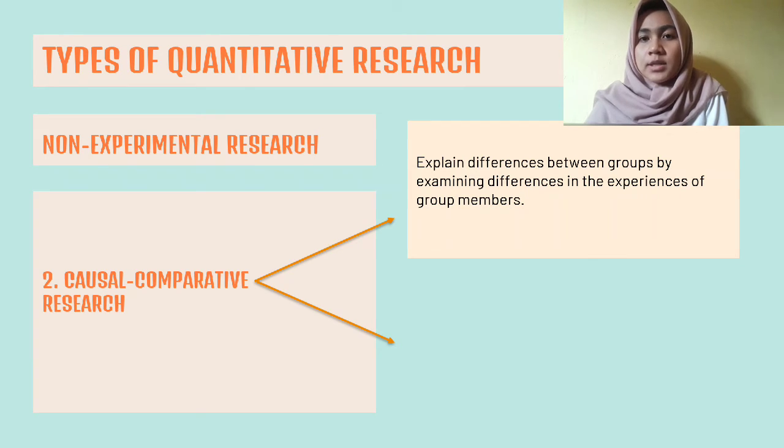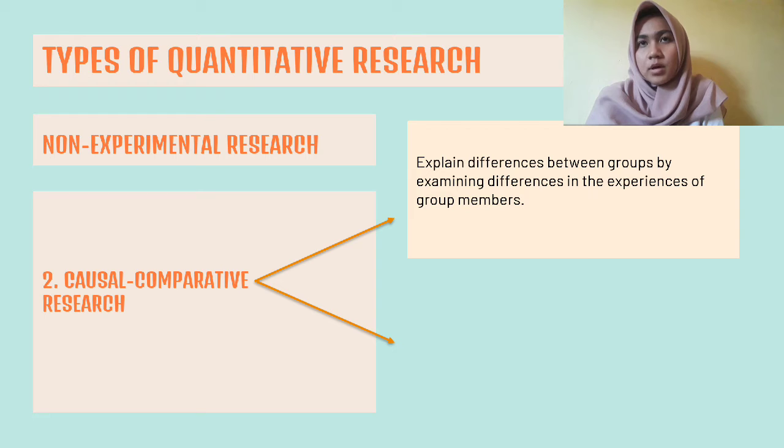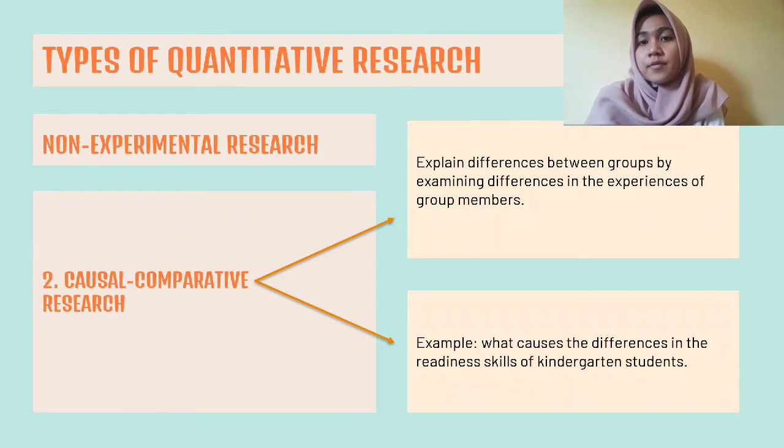The independent variable has either already occurred or it would be unethical to manipulate. The researcher doesn't have control over the independent variable. An example of causal comparative research is what causes the difference in the reading skills of kindergarten students.